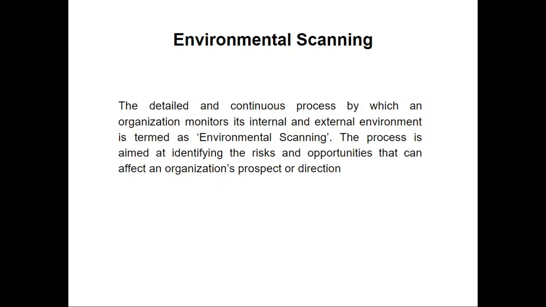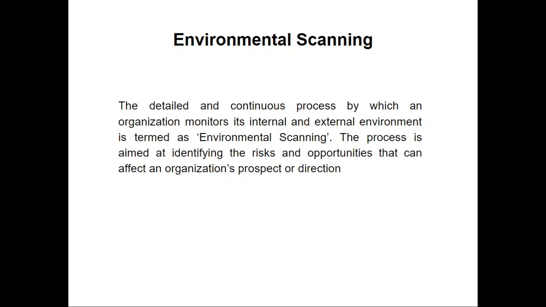If the company does the right kind of environmental scanning at the right time, it will get to know what are the risks that are going to be faced by the business concern in future and what are the opportunities that lie open to the organization to succeed.